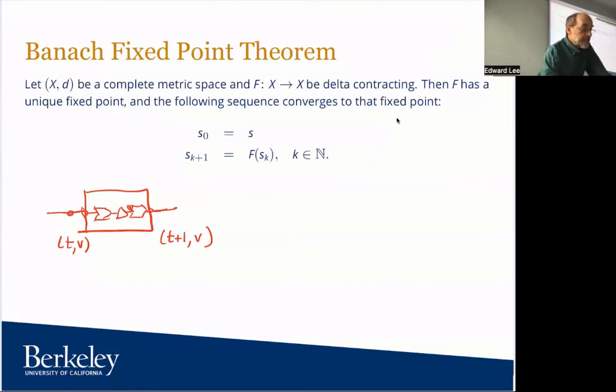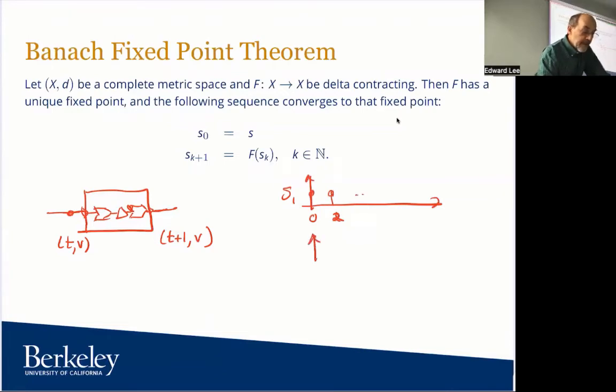So this is, in fact, a delta contracting function. Okay, given any input, suppose that I give it as an input S1: value 1 at 0, value 1 at 2, and nothing else.